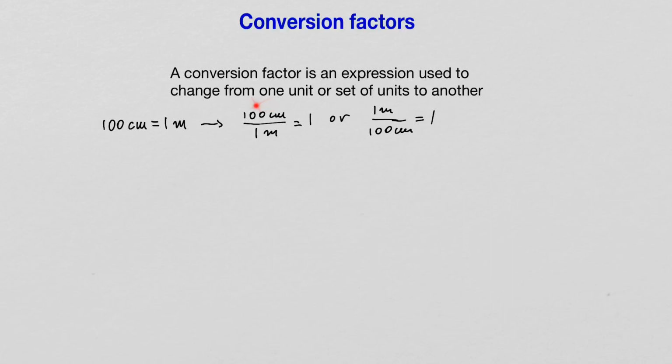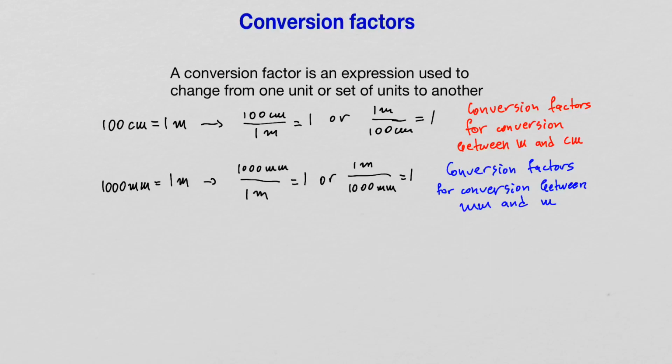This is just the ratio of two different units used to measure the same length. And so I can also flip this ratio and have 1 meter divided by 100 centimeters. Again, those two measure the same length, so therefore the ratio is 1. And so these two ratios are called conversion factors for the conversion between centimeters and meters. I can use the same idea to create conversion factors between millimeters and meters.